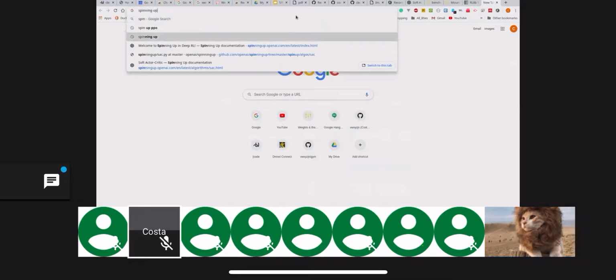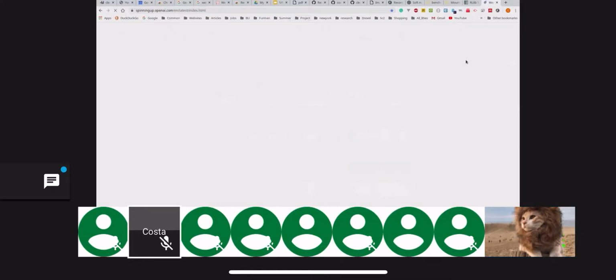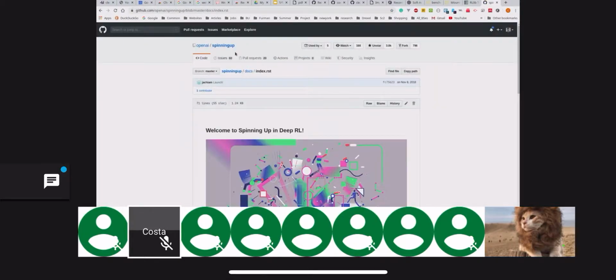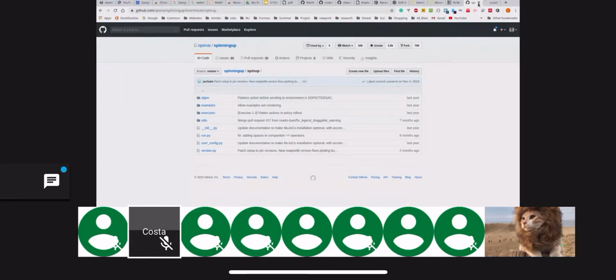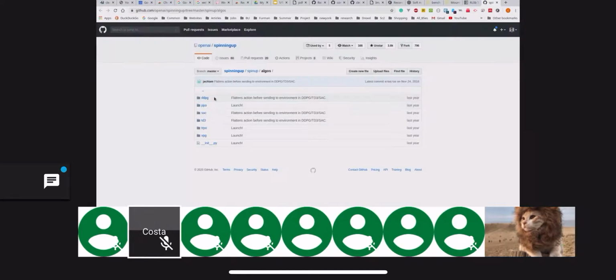Spinning Up. Yeah, one thing that I've been thinking about, but haven't got the time to do, is a style change, which may be for the better or for the worse. Actually, I think it's going to be for the better, of course.